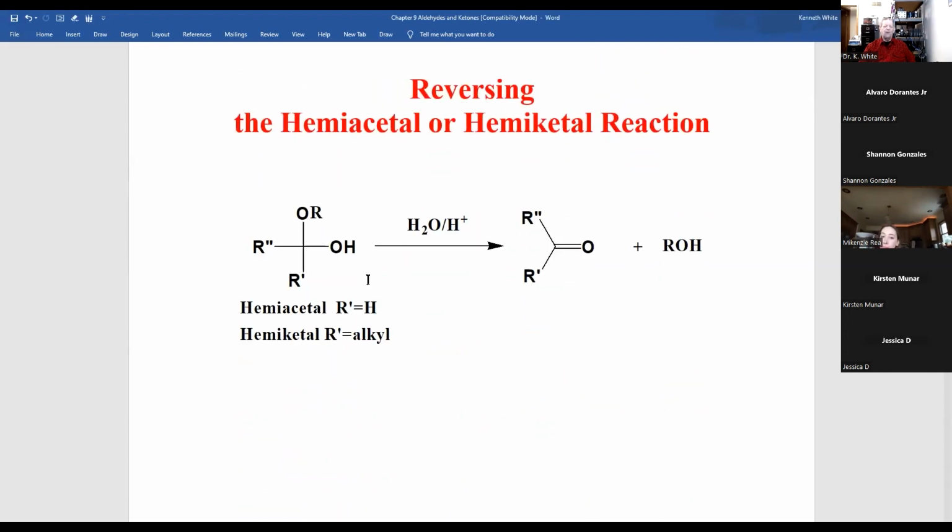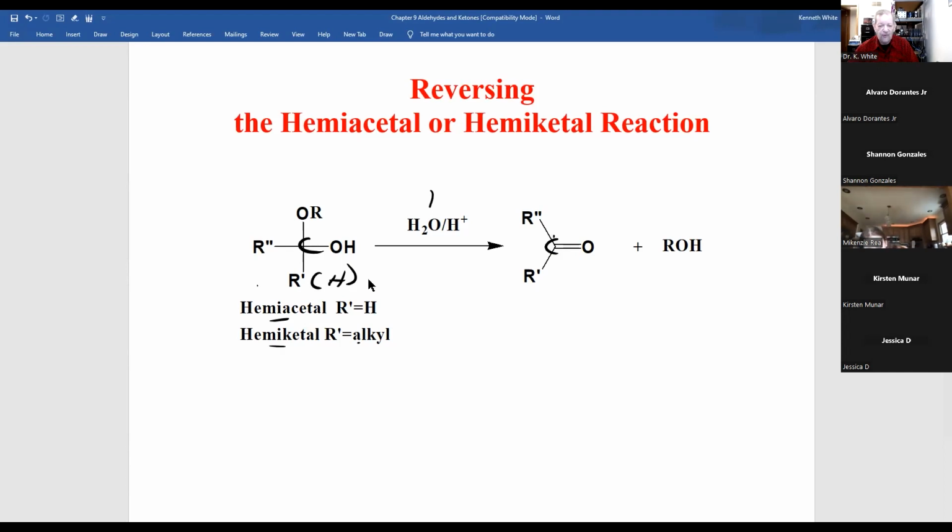Now, once you make a hemiacetal, remember this is a carbon here, and if R prime is a hydrogen, it's a hemiacetal. I'll never ask you names on its S. If R prime is alkyl, it's a hemiketal.